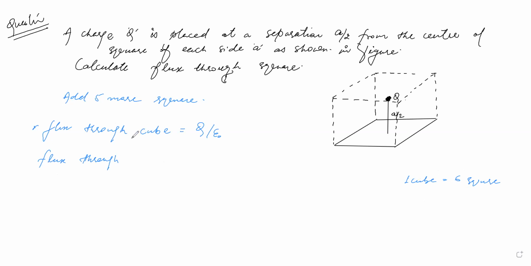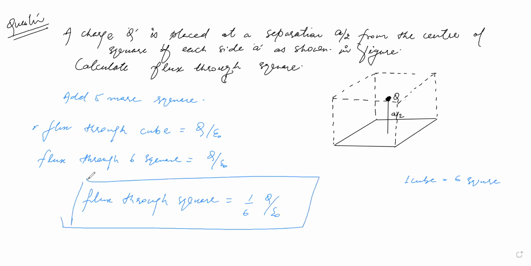So flux through 1 cube is equal to flux through 6 squares, which is equal to Q over epsilon naught. Finally, flux through a square is equal to 1 over 6 Q over epsilon naught. Do you understand or not? This is your final answer. This is the amount of flux passing through this given surface. Okay?